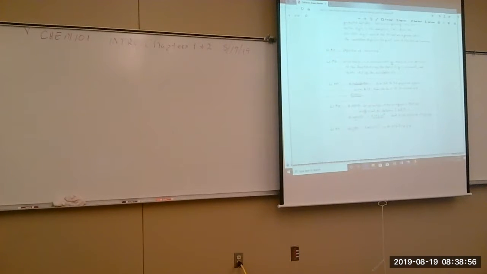So the first 2 exams have 2 chapters each. First one's no big deal because the first chapter is just an introduction. The second one, stoichiometry and types of chemical reactions, gets a little more involved. So 3 and 4 is going to be intense. After that, I back off to 1 chapter each. So we go 1, 2, 3, 4, 5, 6, 7. We take them in order.